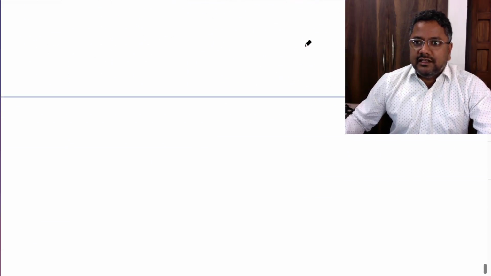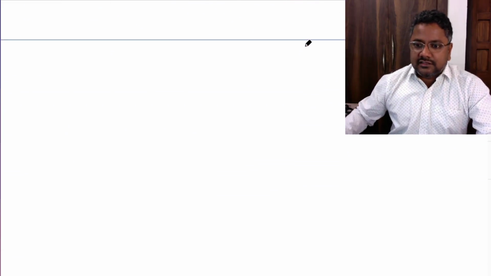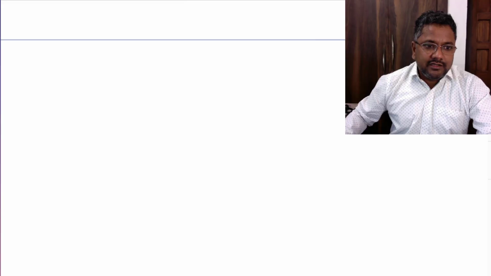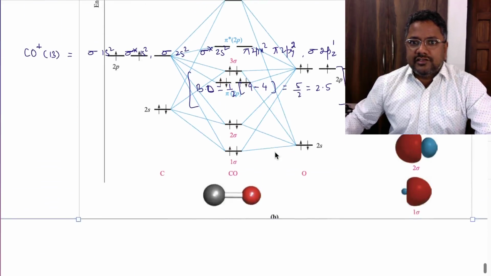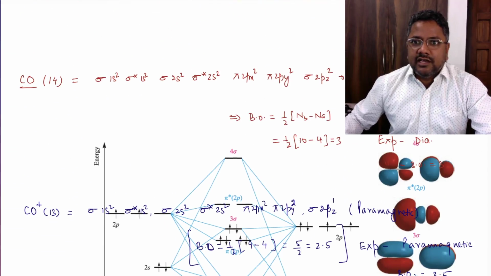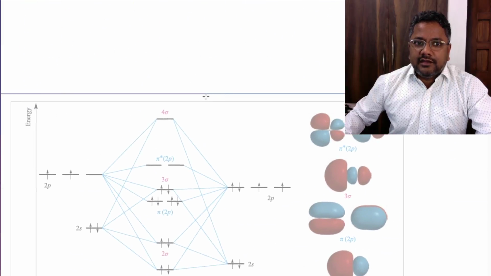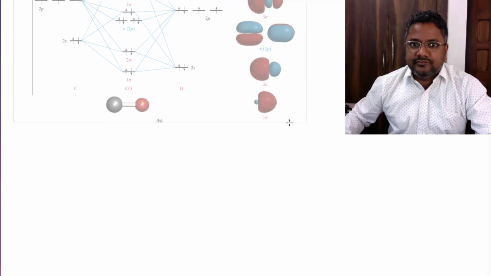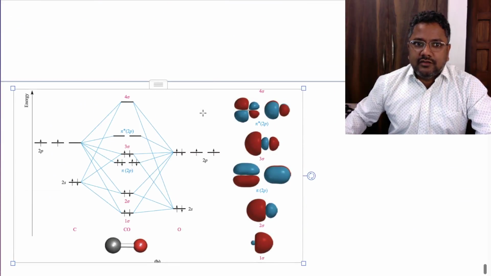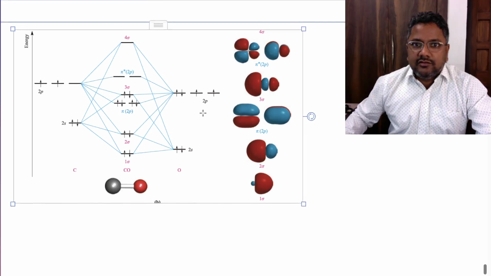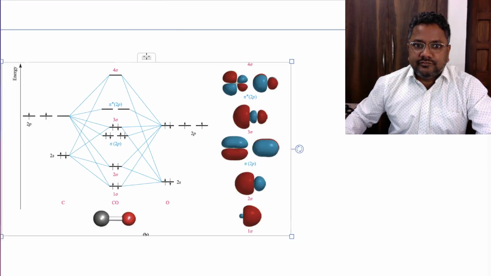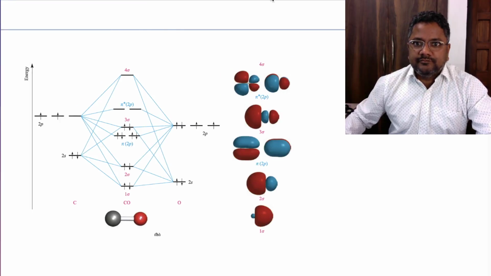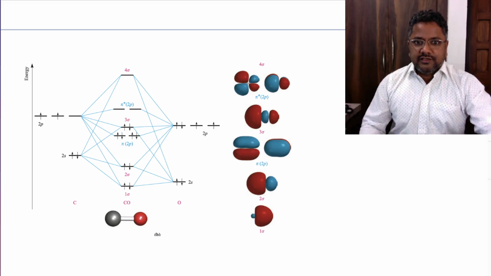From that order, you can very easily justify all your queries, and you can justify the experimental order and the difference between the theoretical and experimental result. All you can explain. Now you can see here.